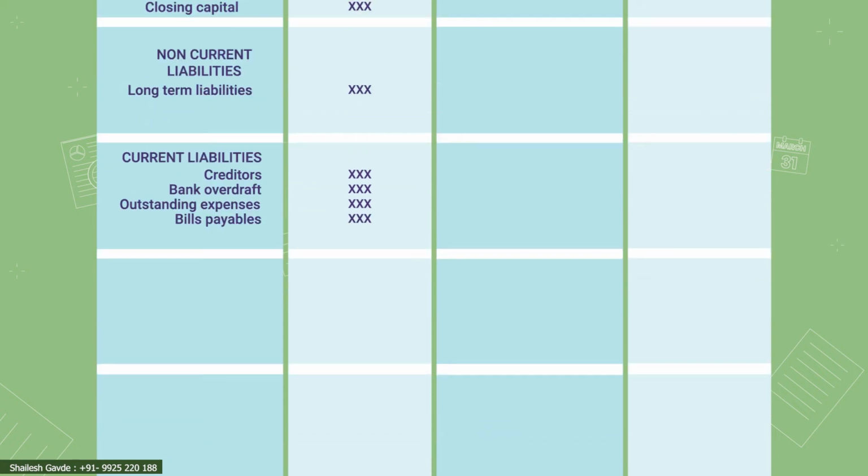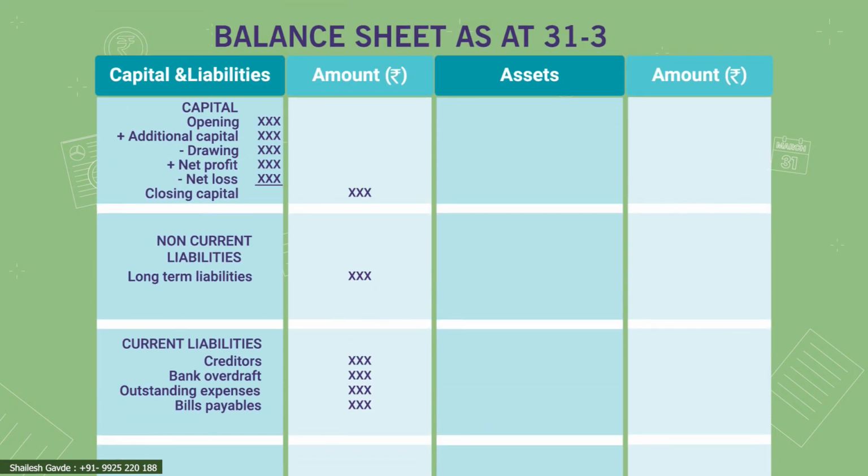Talking about asset side, the first we record non-current assets. In that, tangible assets like say plant and machinery, land and building, furniture and fixtures.